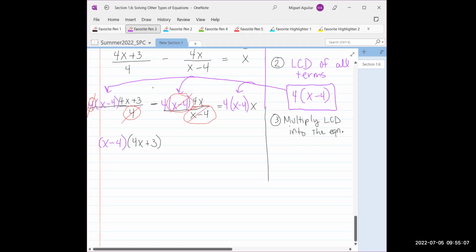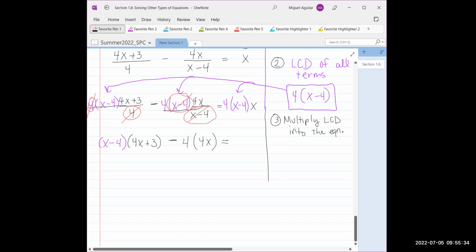What's left over is the -4. We cancel out the x minus 4, but we still have this 4x. Okay. Does that cancellation make sense? Yes. Okay. Moving on to the next term.